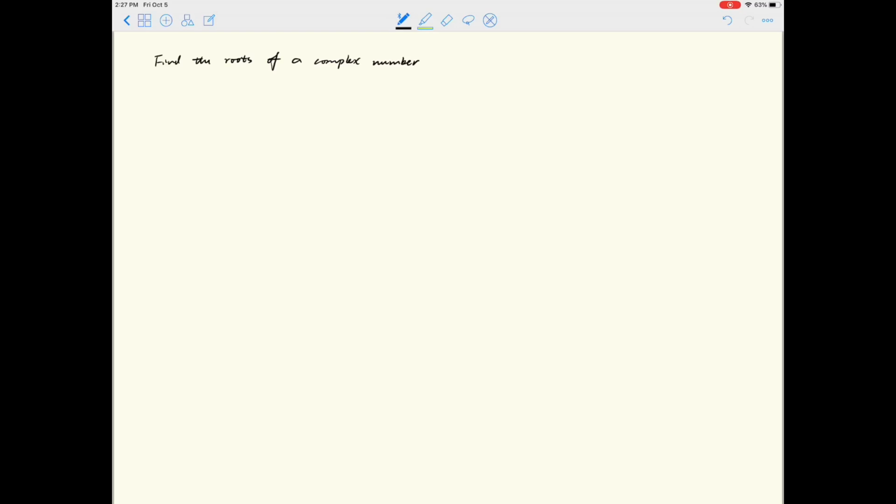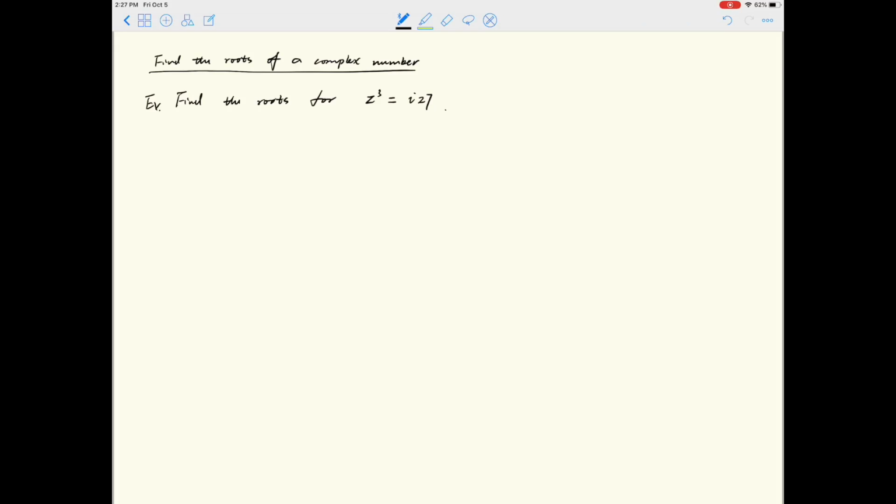I will just randomly make up an example. So let's say, example: find the roots for z cubed equals 27i. Okay.